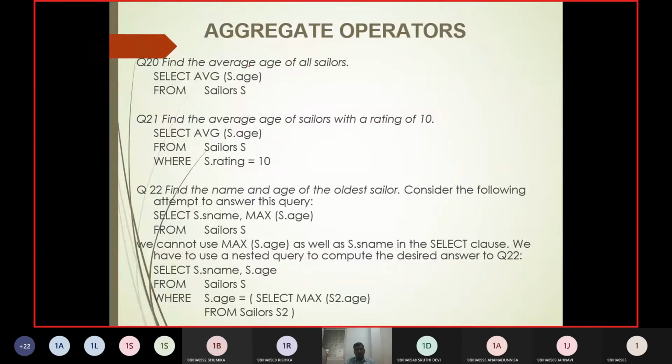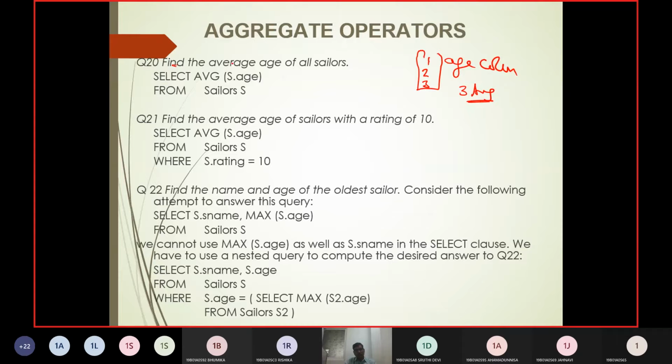Now, find the average age of all the sailors. This was a simple question we have. So to find the average age of sailors, we take up the age column, and I have 1, 2, 3 ages, so I can get 3 as the average, right?